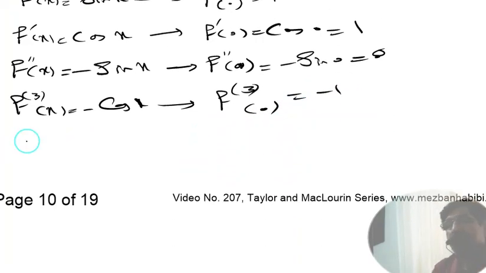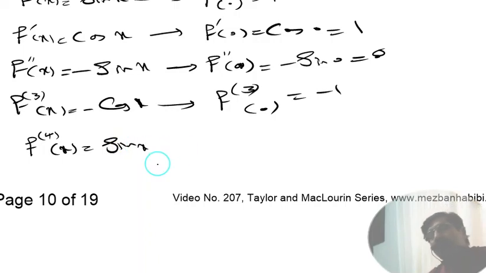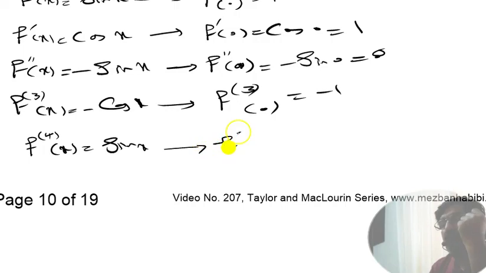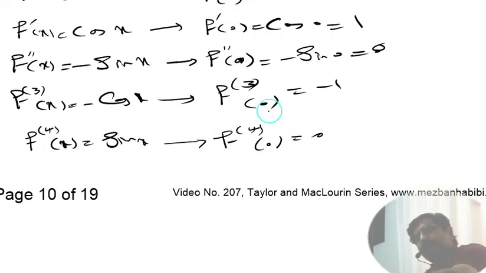So we can write the fourth derivative of f at x is sine of x. This is periodic, the same as the zeroth derivative. So the fourth derivative of f at 0 is 0.